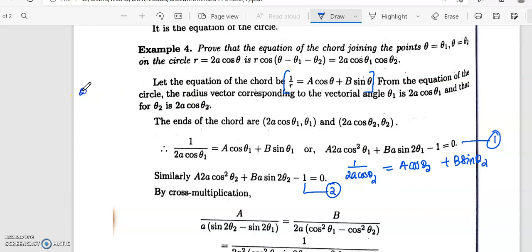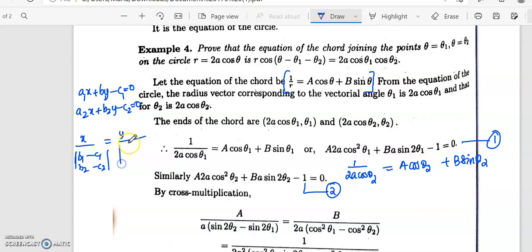If you have an equation of the form a1 x plus b1 y minus c1 equal to 0, and take a2 x plus b2 y minus c2 equal to 0, then by the cross multiplication method, x by the determinant of b1, minus c1, b2, minus c2 will be equal to y by minus of the determinant a1, minus c1, a2, minus c2, which will be equal to 1 by this determinant a1 b1 a2 b2.